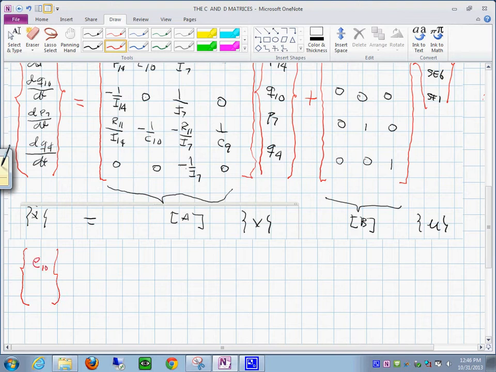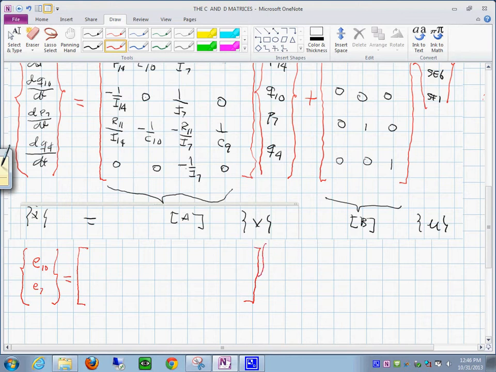E sub 10, and then this is E sub 7, and now we are going to have the matrices here that we need, like that. We have two rows.